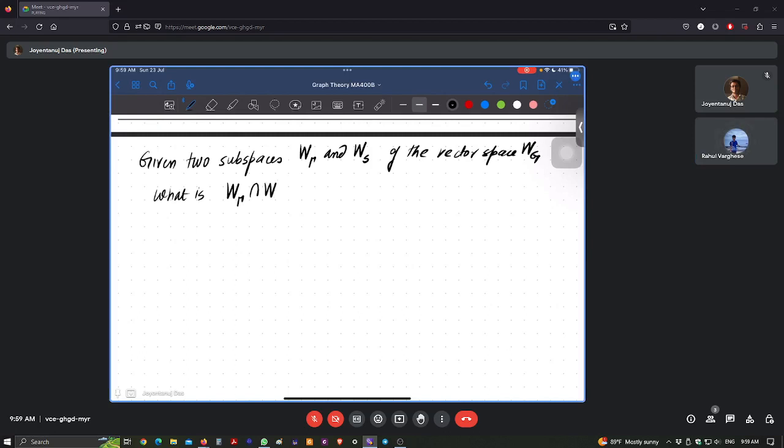We know that the zero vector always lies in the intersection, right? Because the null vector, or the zero vector.